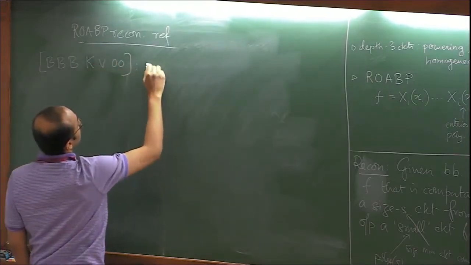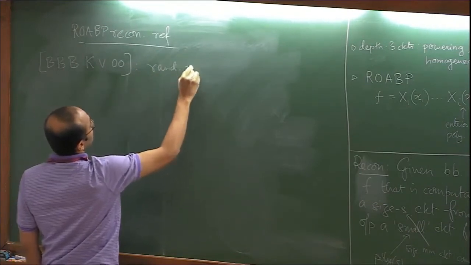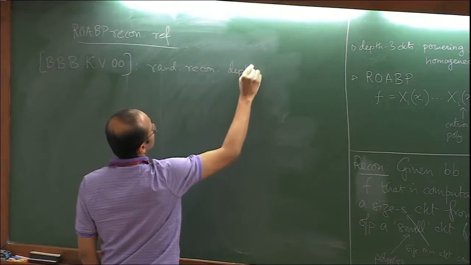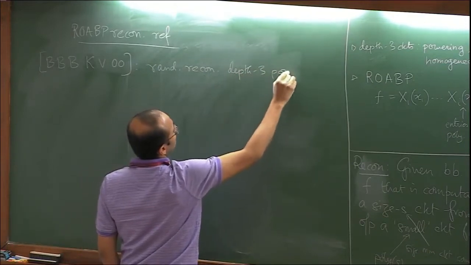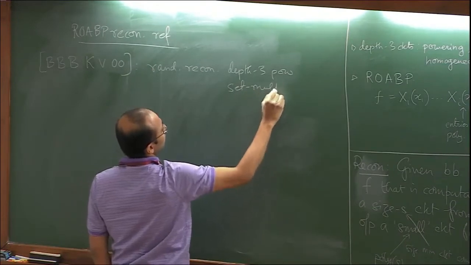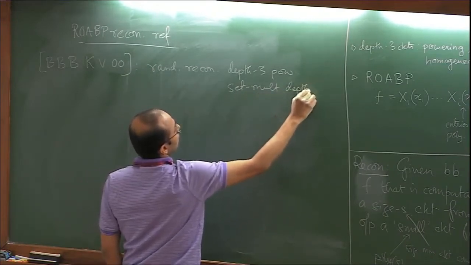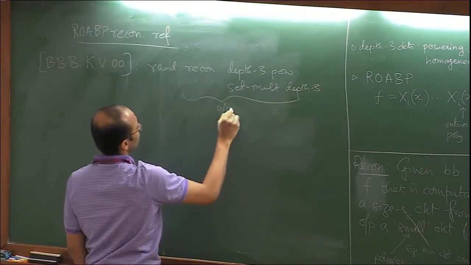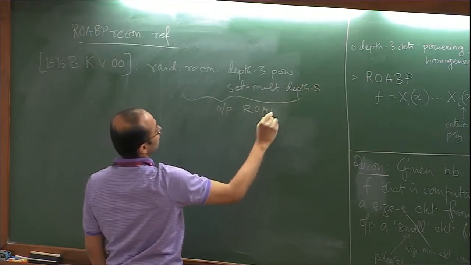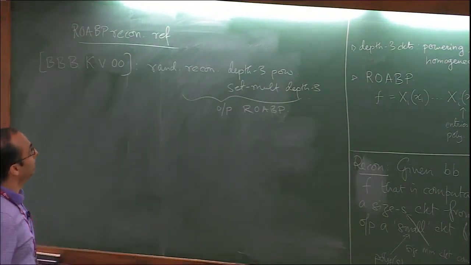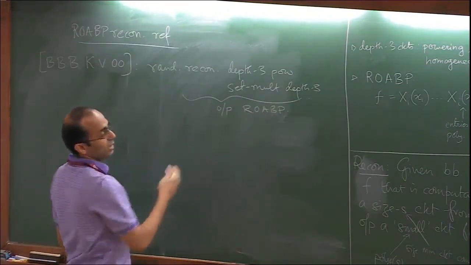They gave randomized polytime reconstruction for depth 3 powering and set-multilinear depth 3 circuits. As you can guess, the output here is an ROABP. We'll see towards the end of the talk why these families of polynomials admit small ROABPs.